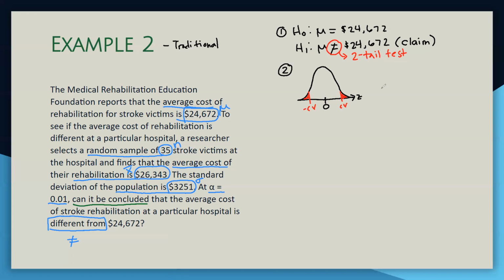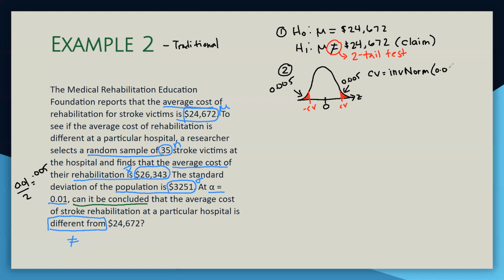We're coloring in our reject regions, and then we're going to find that CV again by using inverse norm, or inverse normal. Because it's a two-tailed test, I'm going to take that alpha and cut it in half. And I know that 0.01 divided by 2 is 0.005. So that area there is 0.005. This area here is also 0.005. But I only need the lower bound, and I know the upper bound matches.